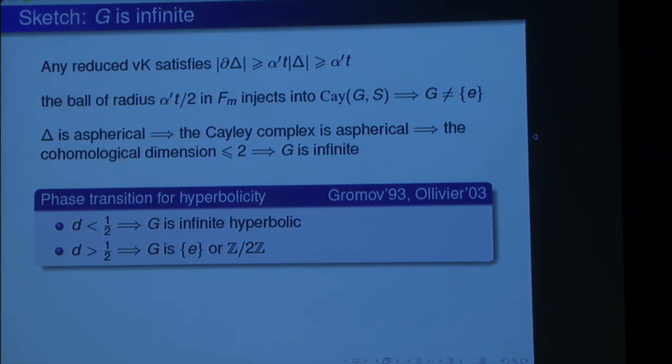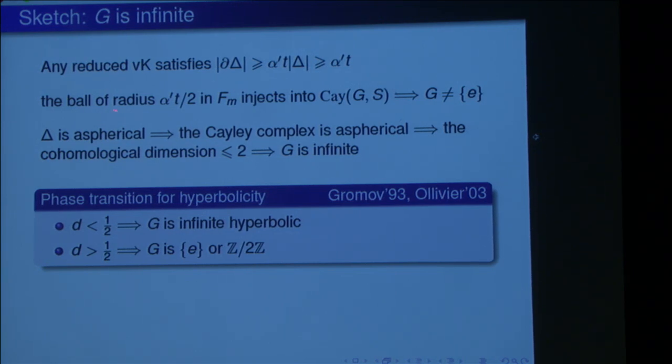So why is it not trivial in this situation when we have density strictly less than 1/2? The fact that it's non-trivial is quite easy to see immediately from what we proved. So what we proved is that every reduced Van Kampen diagram satisfies this linear isoperimetric inequality. In particular, it satisfies this, okay?